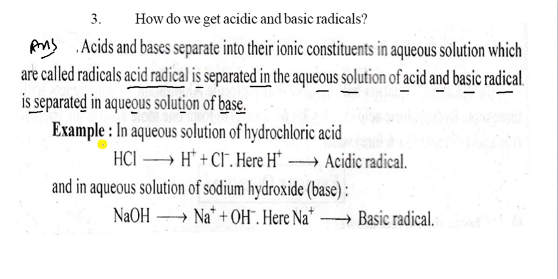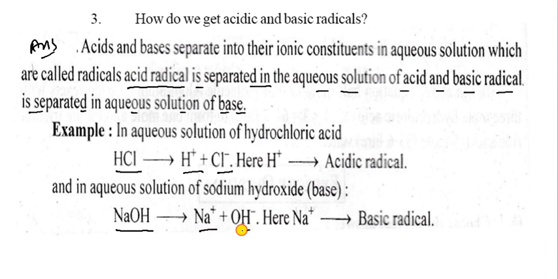So let us see an example. In aqueous solution, hydrochloric acid, that is HCl, is separated into H ions and chloride ions. Here H ions are acidic radicals. Now in aqueous solution, sodium hydroxide base, that is NaOH, this one is your sodium hydroxide.